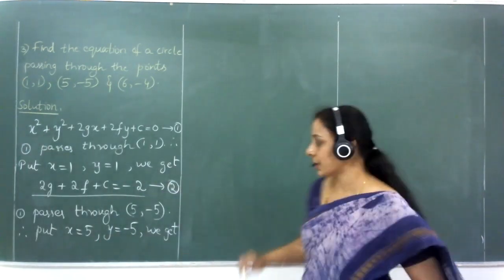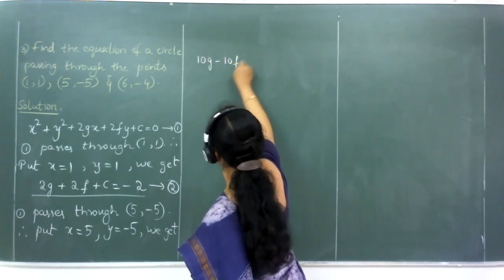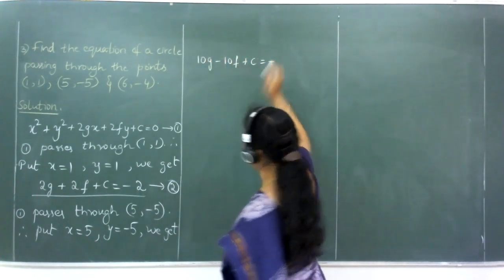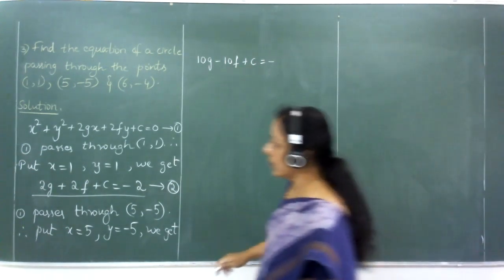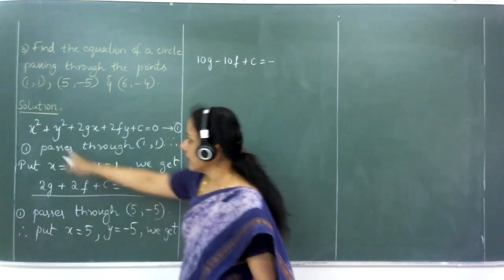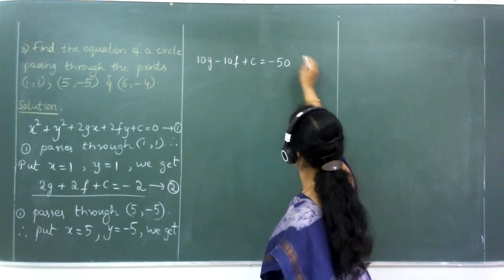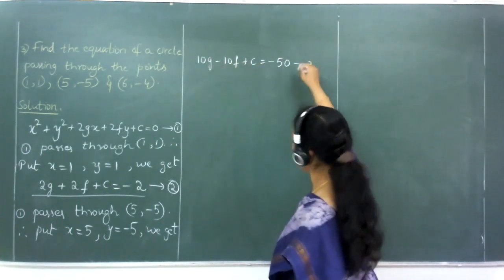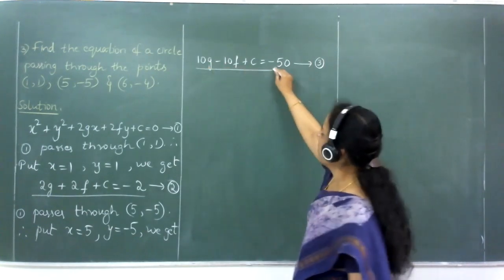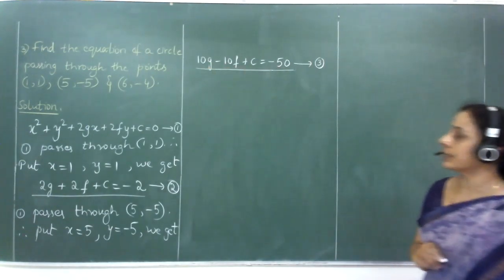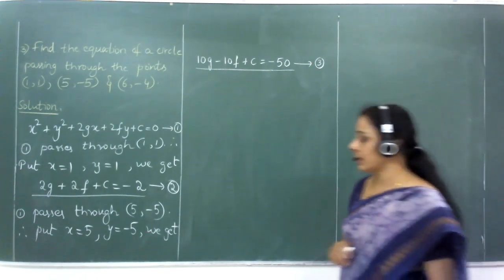The reduced equation hence will be 10g minus 10f plus c, which is equal to, you will have the two constants in the LHS as 5 squared plus 5 squared transposed to the RHS, which is minus 50. This is considered to be the third equation. 10g minus 10f plus c is equal to minus 50, which is the third equation.